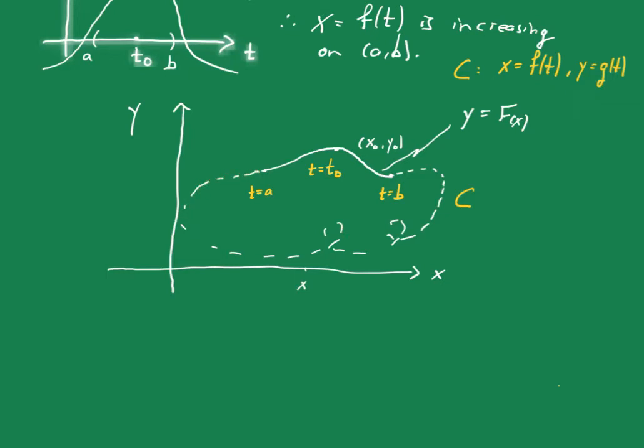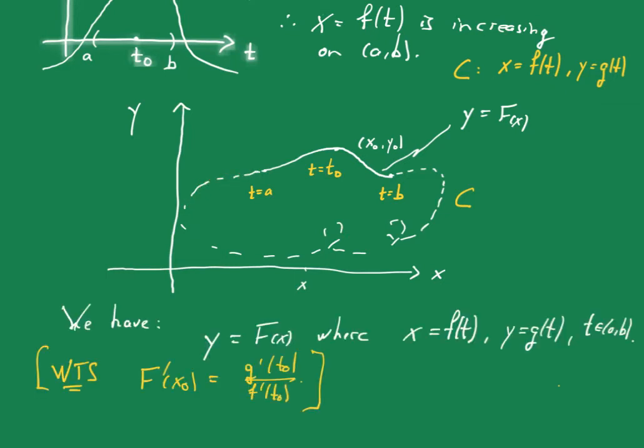It's not actually relevant. All right, so as we said, what we have is that this portion of our curve here looks like y equal to capital F of x, where x is described as f of t, and y is described as g of t, and this is for t in the interval ab.